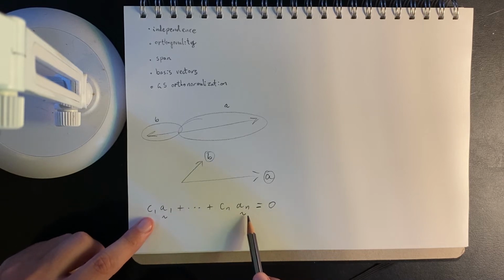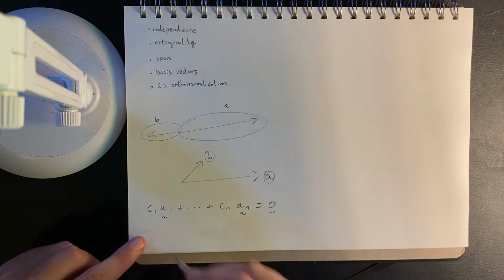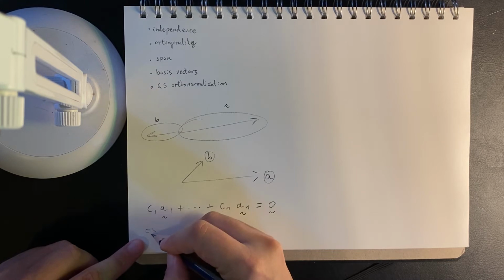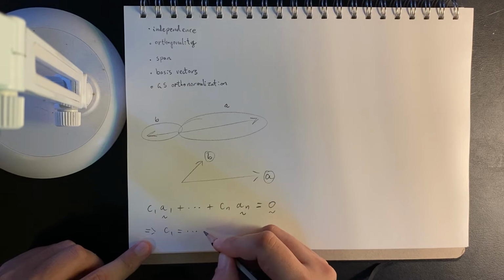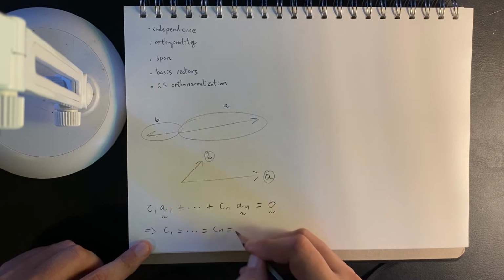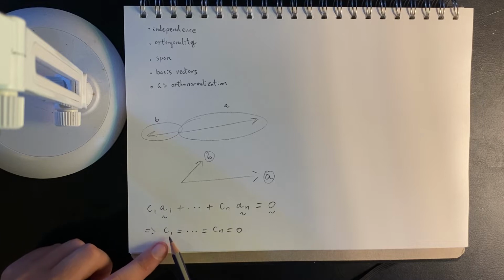If in this general linear combination of all the vectors from A1 to AN, the only way to zero that out is to say that all of the coefficients are zero, in other words, if we have a trivial solution, then the set is independent. If we have at least one of these coefficients being non-zero, then it's a set of dependent vectors.